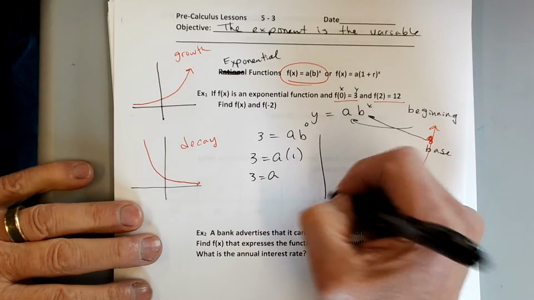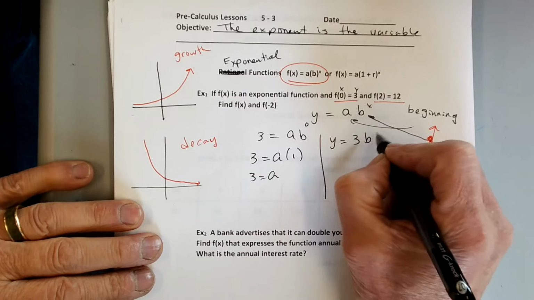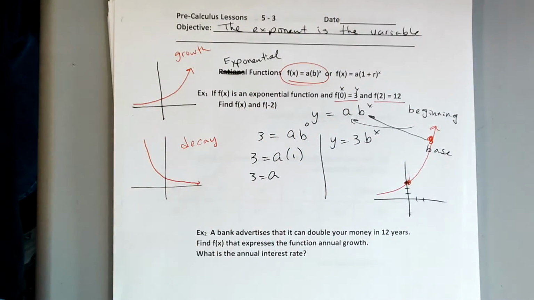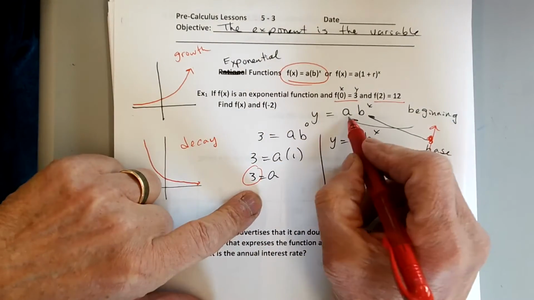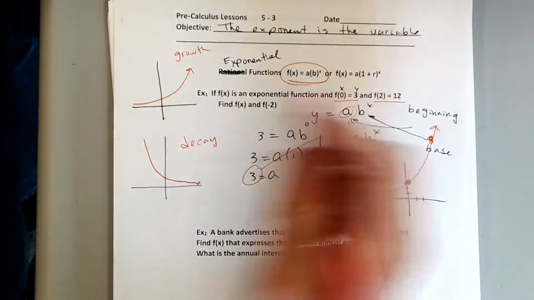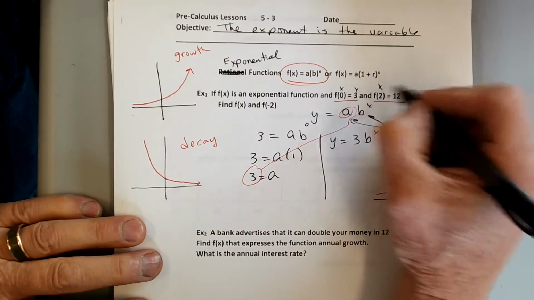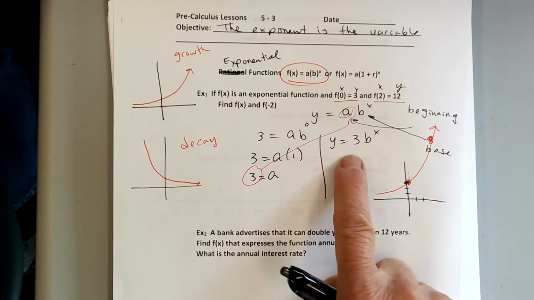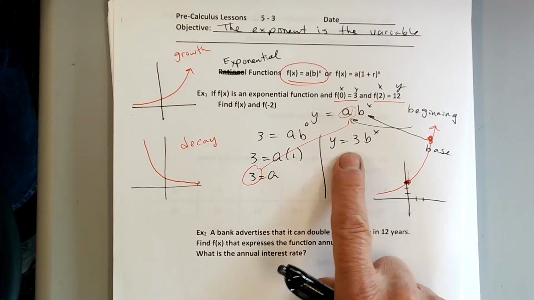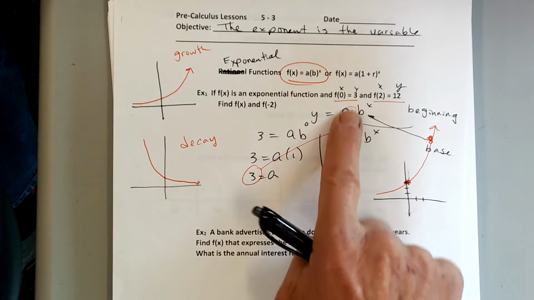So here's what I know. y equals 3 times b to the x power. I found out what a was, so I put my 3 right there. Now I don't know what b is, but I can do the same thing. I've got another point, some x, some y value. I will plug the second point into this, and I should be able to get b.